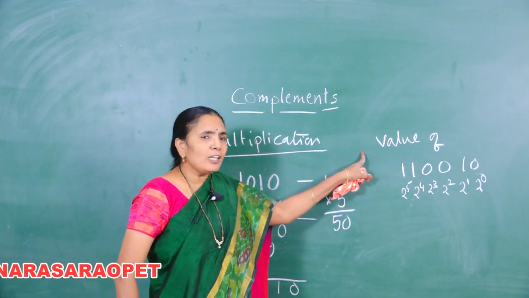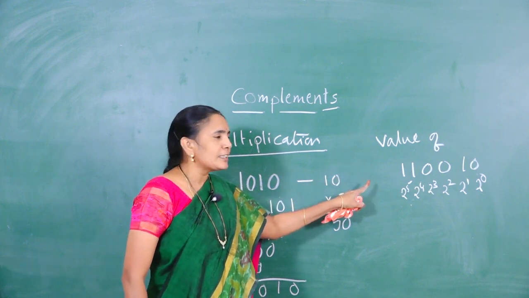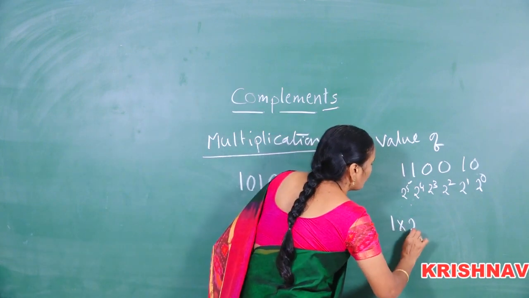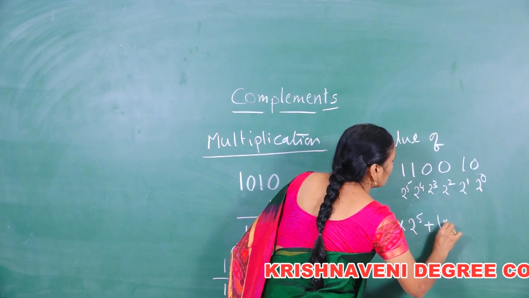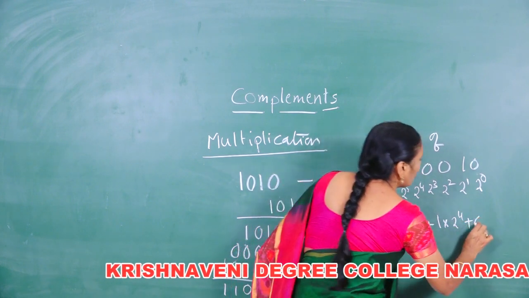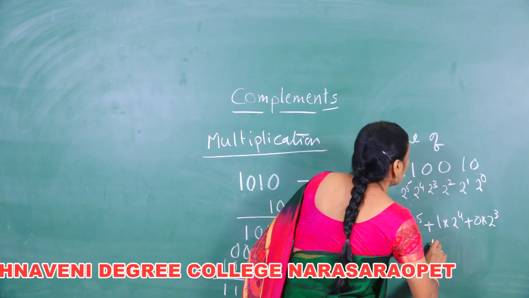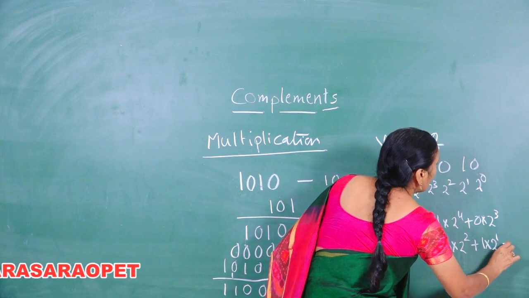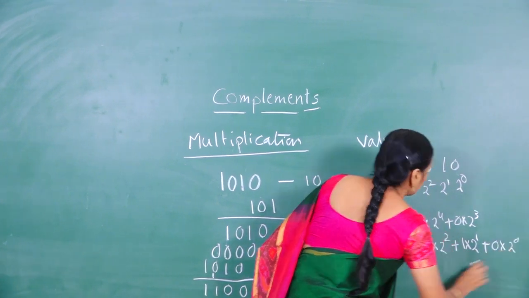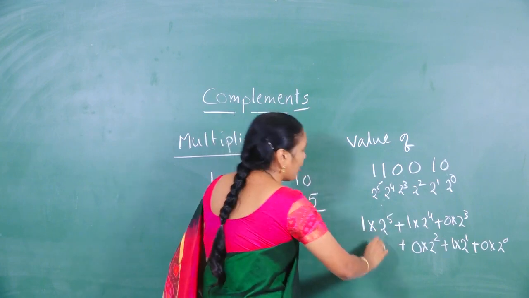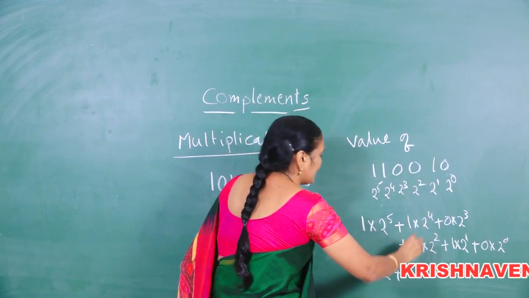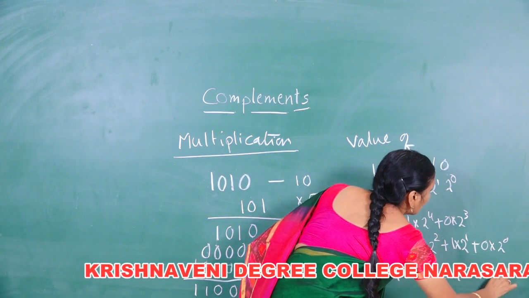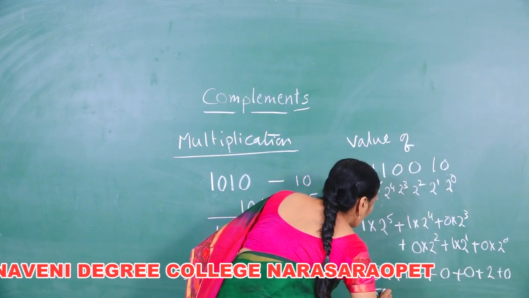The value of a number is nothing but a sum of the products of face value into place value. 1 into 2 to the power of 5 plus 1 into 2 to the power of 4 plus 0 into 2 cube plus 0 into 2 square plus 1 into 2 to the power of 1 plus 0 into 2 to the power of 0, which is 32 plus 16 plus 0 plus 0 plus 2 plus 0, whose value is equivalent to 50.